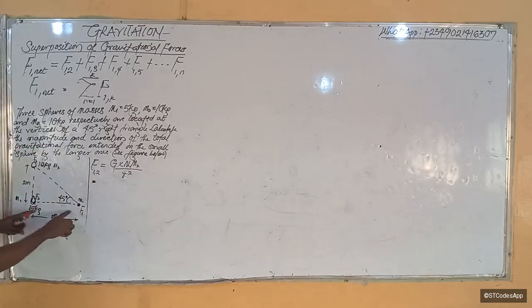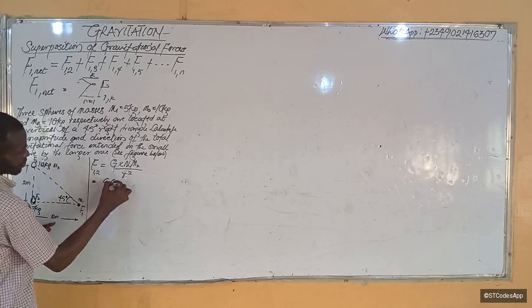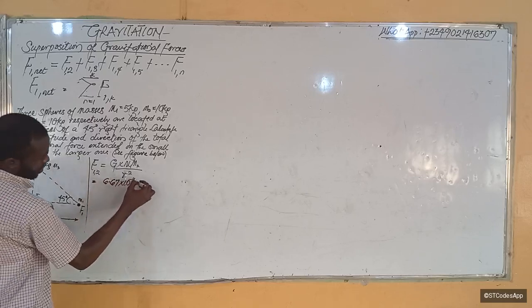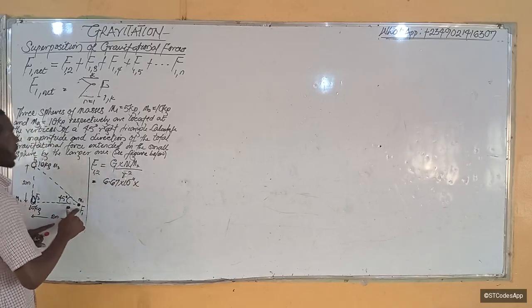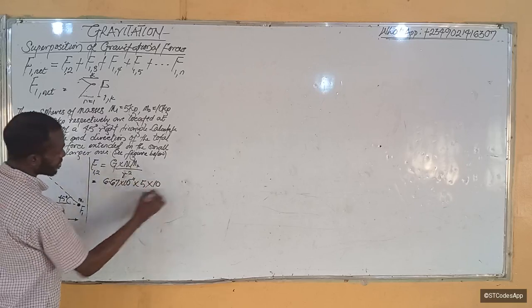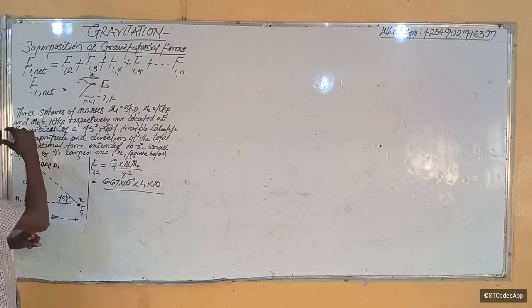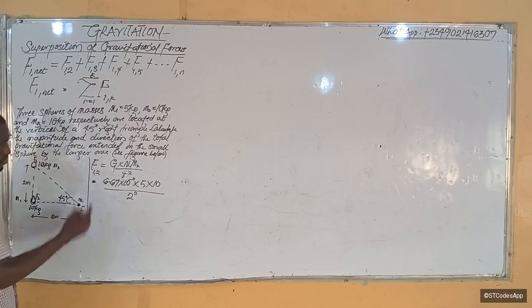The distance between 1 and 2 is 2 meters, right? So we have F equal to G, which is 6.67 times 10 to the power minus 11, times M1, which is 5 kg, times M2, which is 10 kg, over R squared. What's the distance between them? 2, so that will be 2 squared. Is that clear?